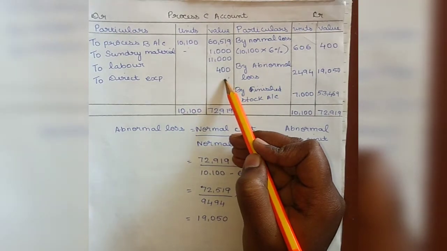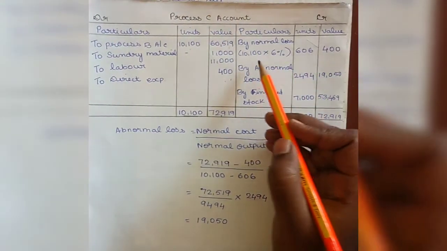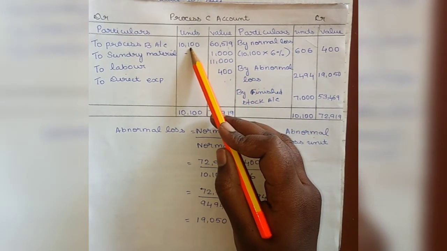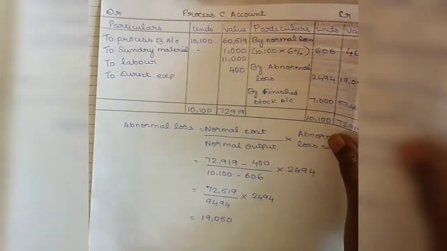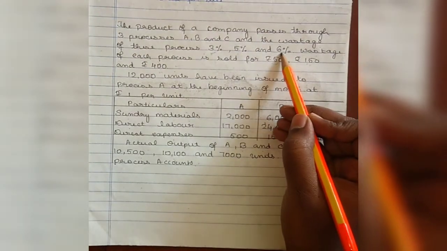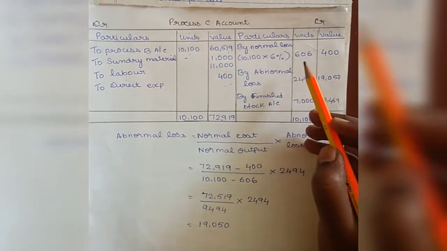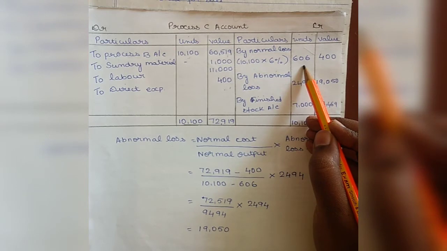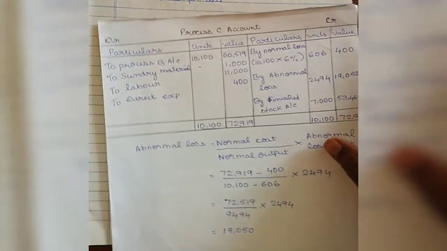And then they are telling there is a normal loss. So how do we calculate normal loss? It is always on the input value. What is the input value? 10,100. The normal loss is 6% for process C. So 10,100 into 6%, we will get the value as 606. Now at what rate has it been sold?